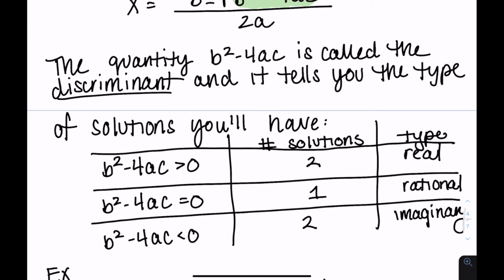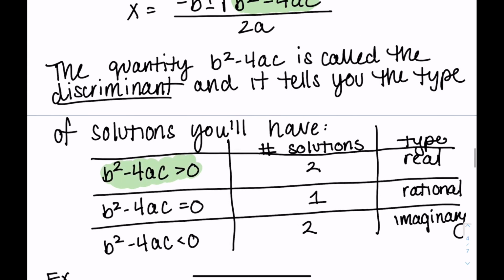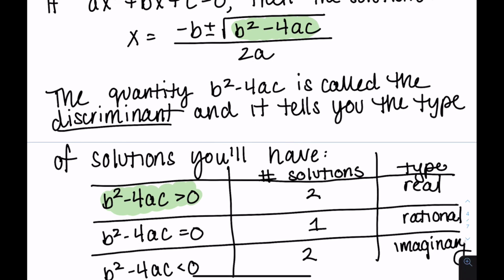So if what's underneath the radical is positive, then back up here, you're going to get plus or minus 2 real numbers because it's going to be the square root of a positive number. So you're going to have 2 solutions, both of them are going to be real.